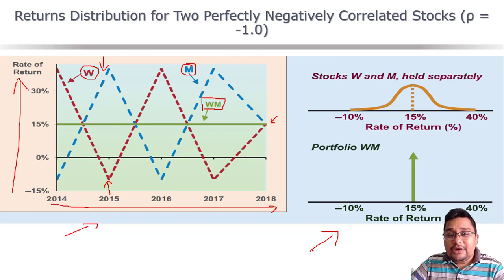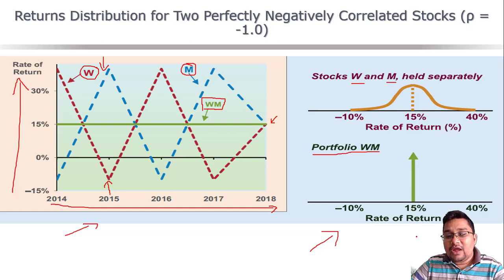If you look at the probability distribution of the return, you can see that the rate of return, if you hold it separately, ranges from minus 10% to close to 40%, and it has an average of 15%, but it has great variability. But look at the return of portfolio WM, where you combine W and M together.